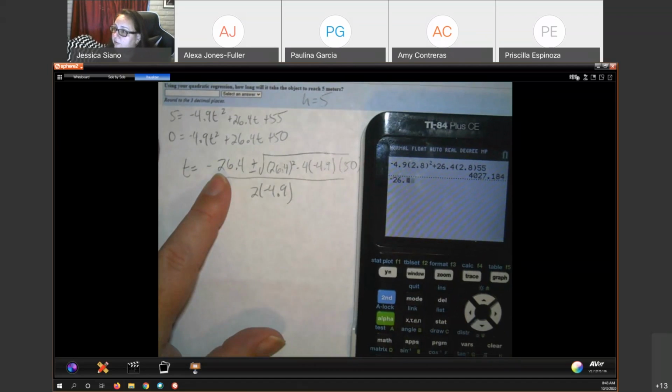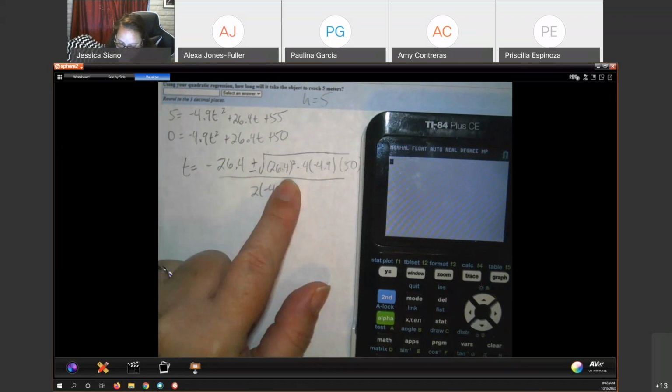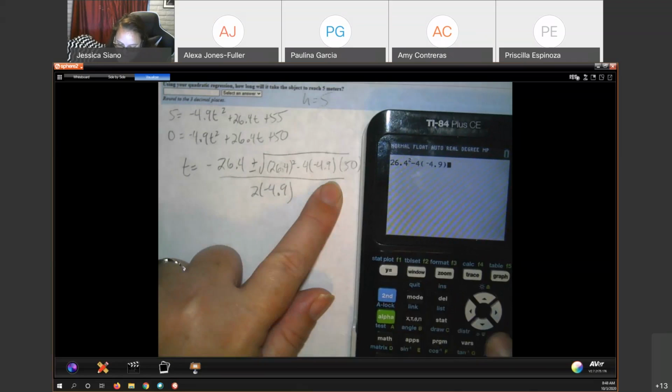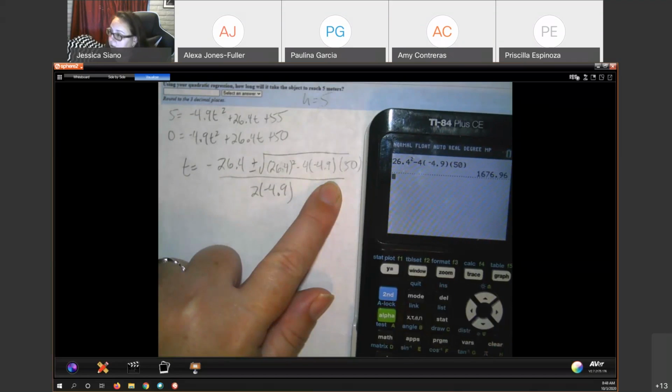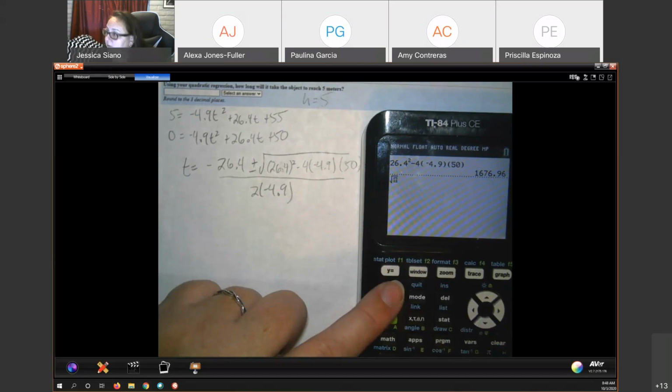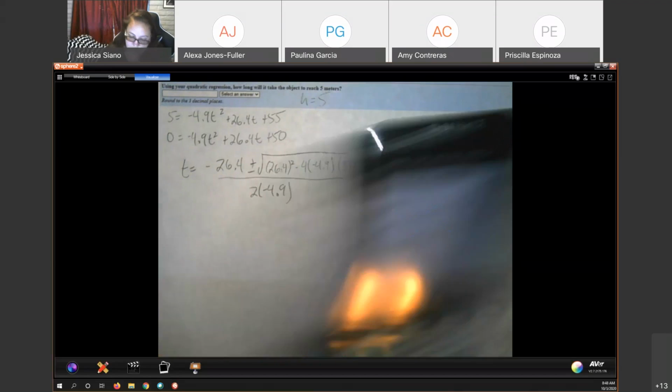Negative 26.4. Oh no, I don't want to do that. I want to do this. So 26.4 squared minus 4 times negative 4.9 times 50. And then we square root it. 40.951.